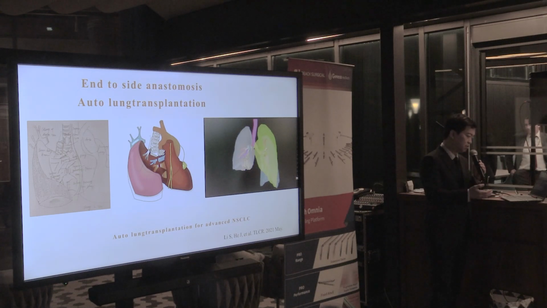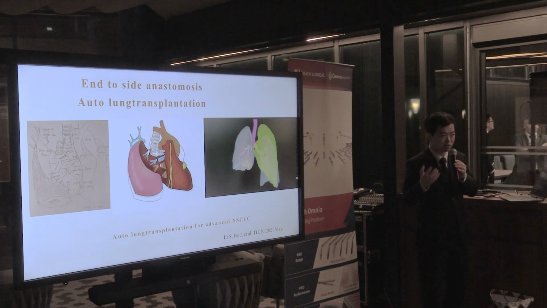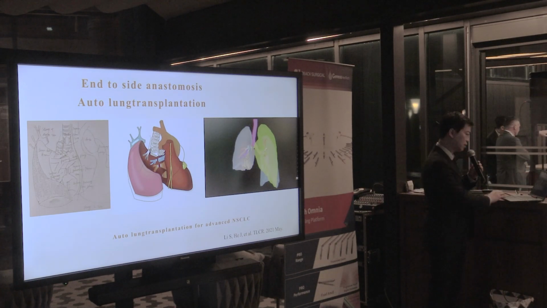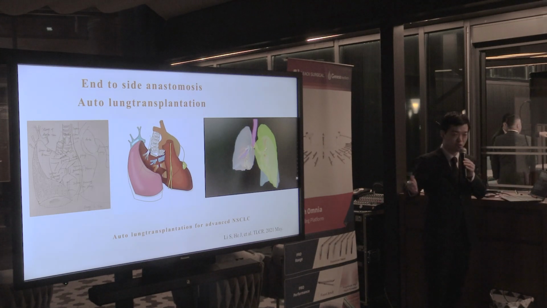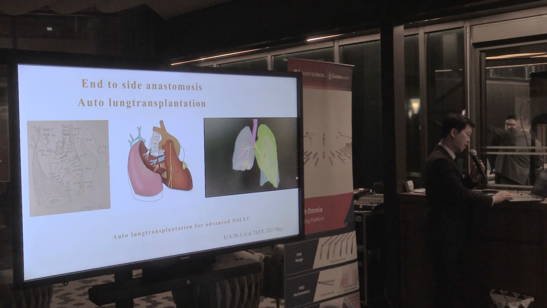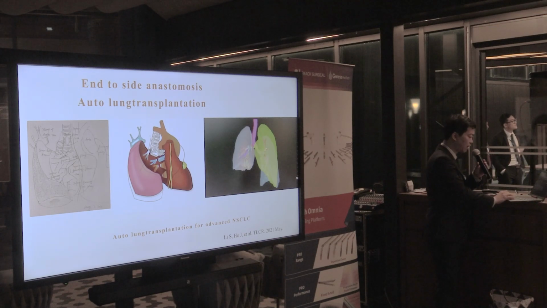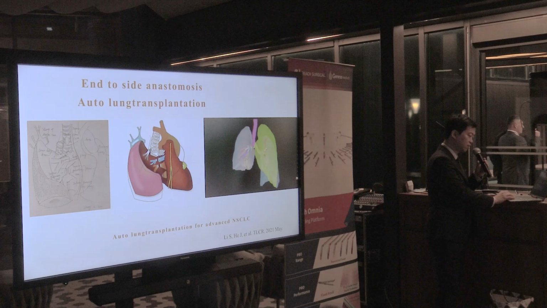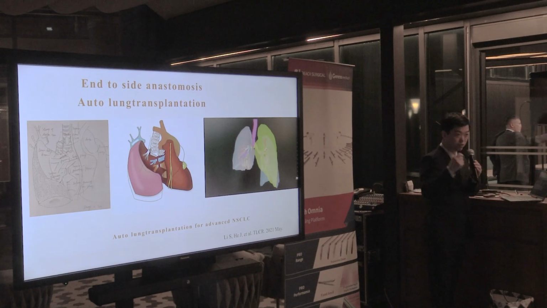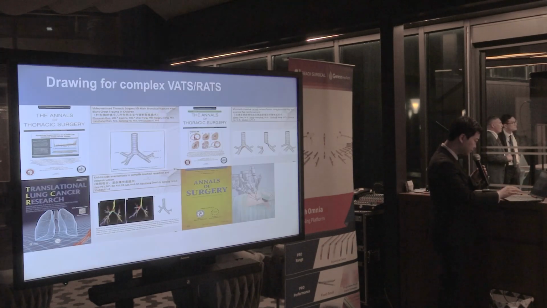Maybe someone will not know about the auto lung transplantation. So with the drawing, we can see that we can anastomose the right lower lobe pulmonary vein to the stem of the right upper lobe pulmonary vein. That means the auto lung transplantation.